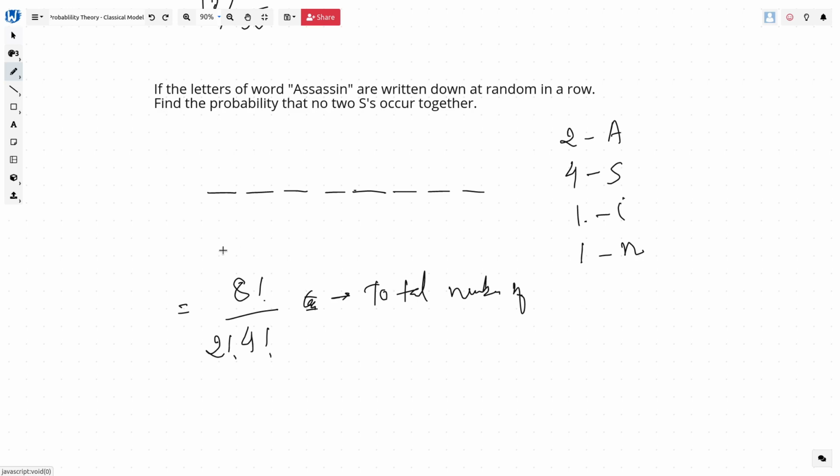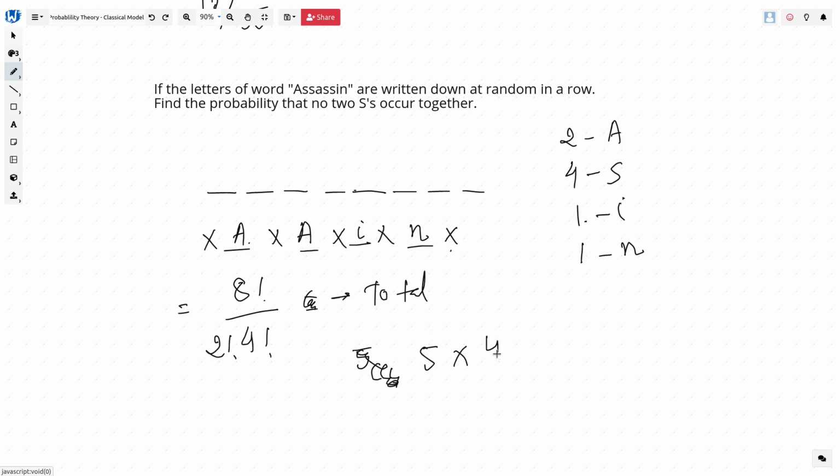So let's say we put here an A, then another A, for example, then this I and this N, right? So we can put the four S's into these five places, and that can be done via 5C4 ways, which is nothing but 5. And again, these four letters can be arranged among themselves in factorial 4 by factorial 2 ways, right?